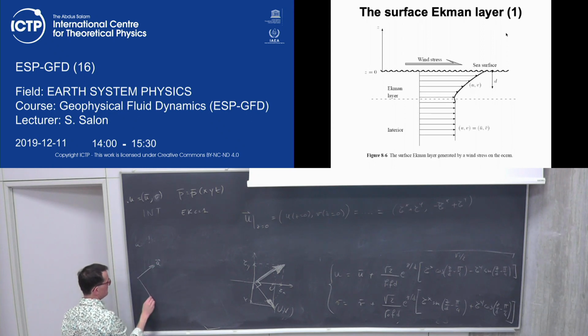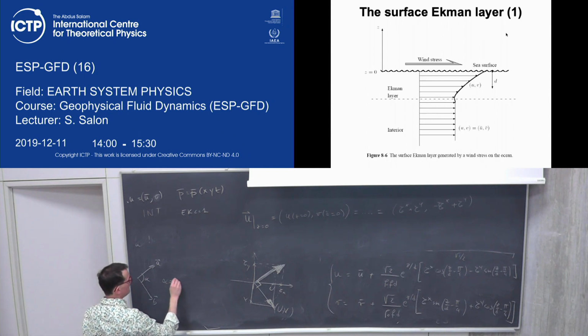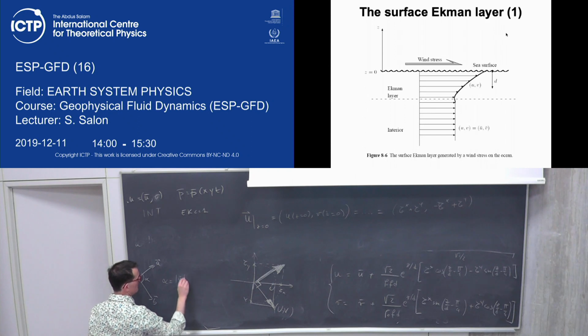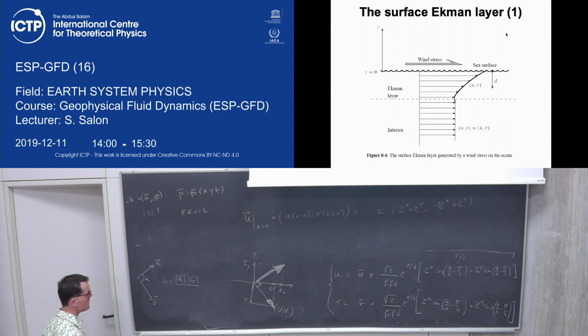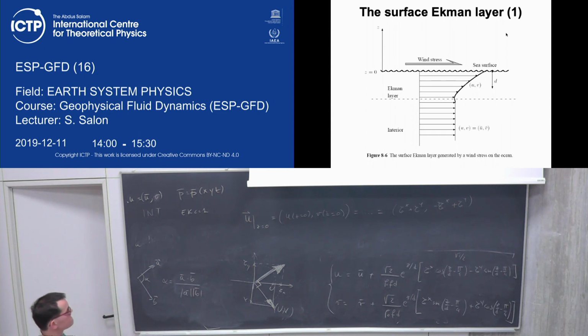So I know that if I have vector A and vector B, and this is the angle, then cos alpha is the scalar product divided by their magnitudes.